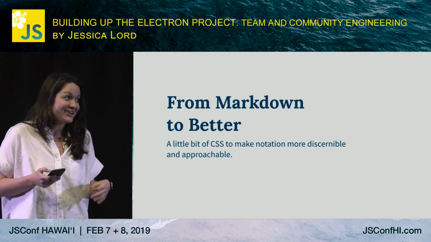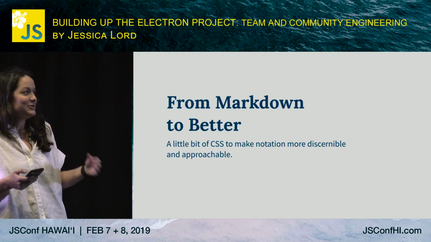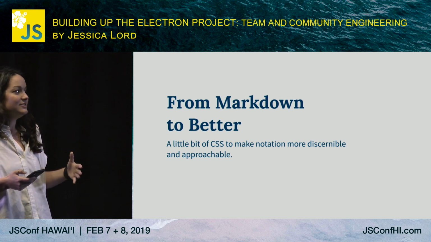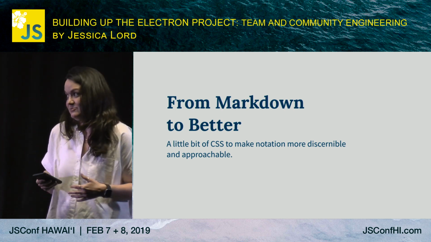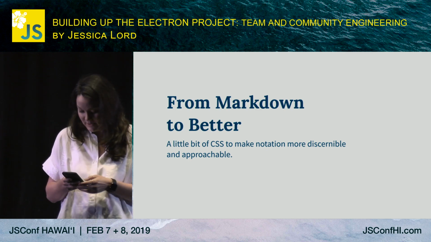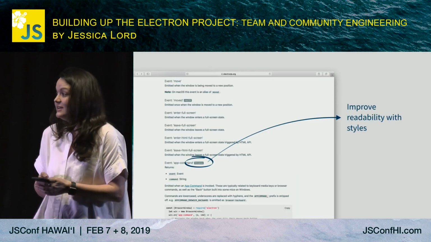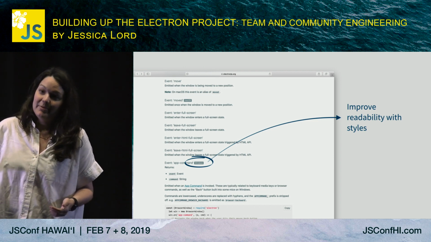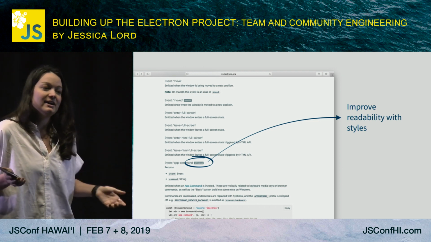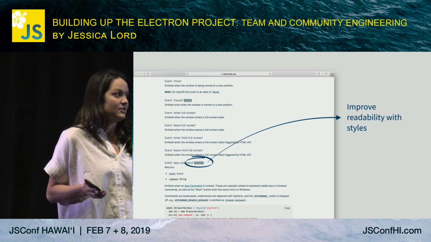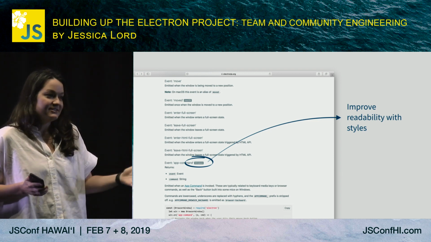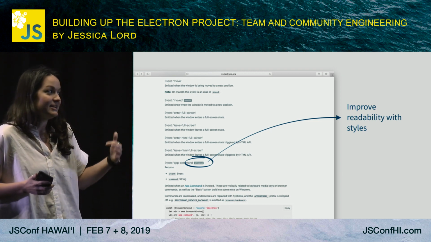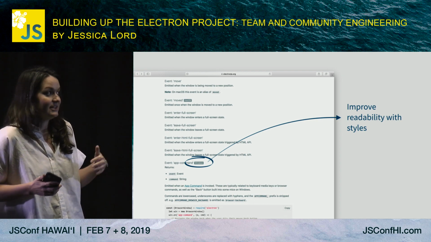Being really concerned about how we were using Markdown to document the code was also knowing that it was going to end up on this website so that we could do things like target elements like this. Some APIs in Electron work only on Mac, or they work only on Windows. Knowing that it was going to be on the site, we can use the CSS to make it a little bit better and make these things look like tags.